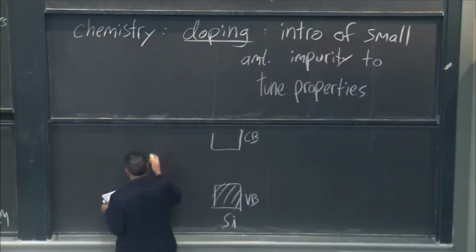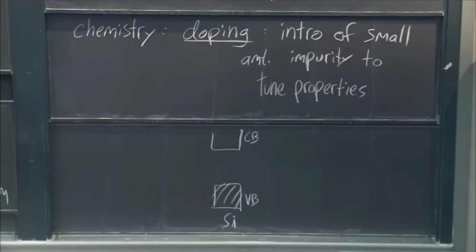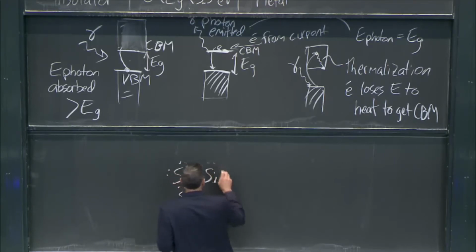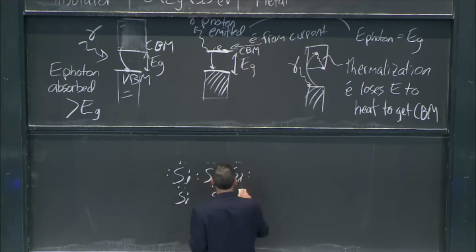If I just look at a Lewis dot diagram for silicon, let's forget about the structure for a second. Silicon has 4 valence electrons, so you can imagine silicon might look something like this. It's tetrahedral and so on, but now I'm going to take one out. I'm going to take this out and I'm going to make it phosphorus.